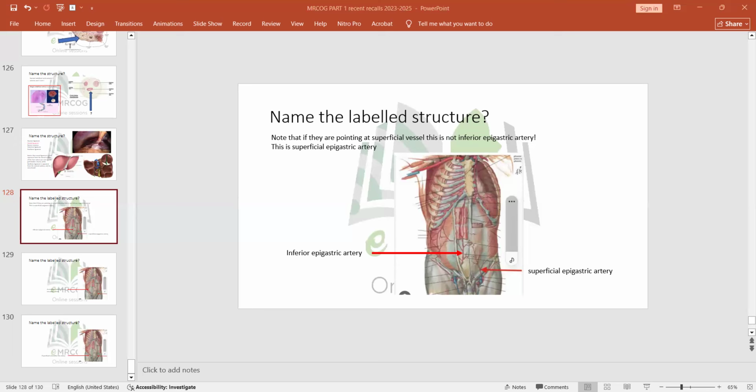Actually, it is located on the lateral side first, and then it's going to puncture the rectus sheath from behind and then travel upward within the sheath. Look at the picture. It is not on the muscle. It is behind the muscle.